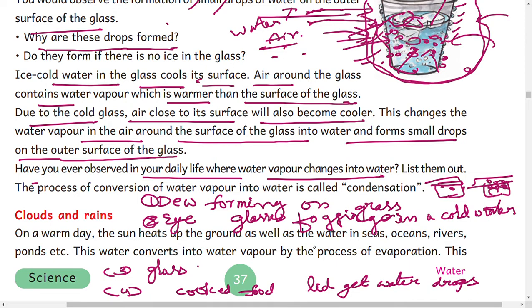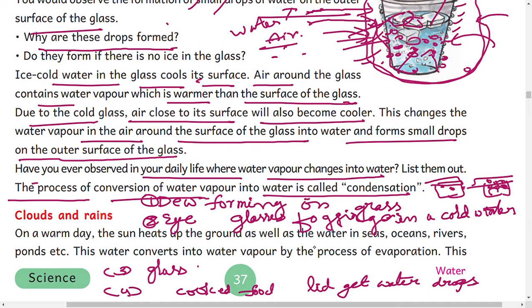The process of conversion of water vapor into water is called condensation. But evaporation is when water changes into water vapor.